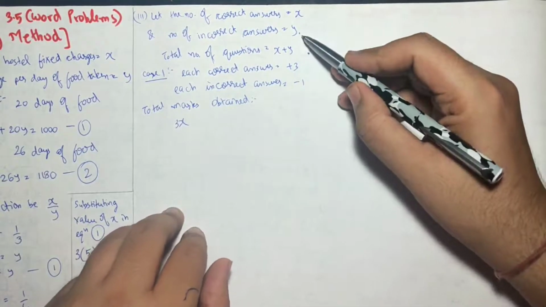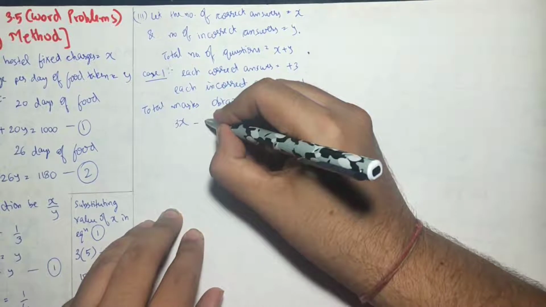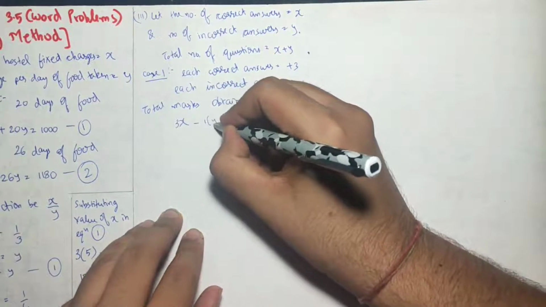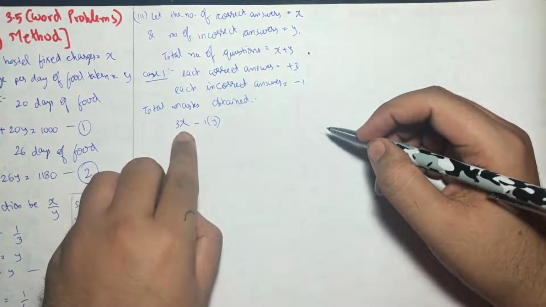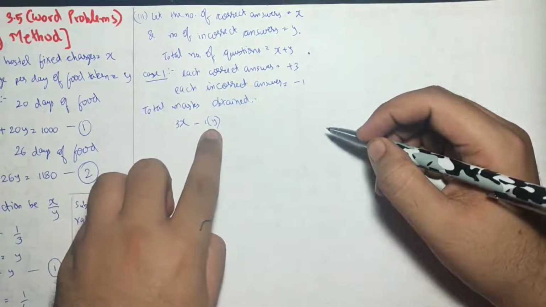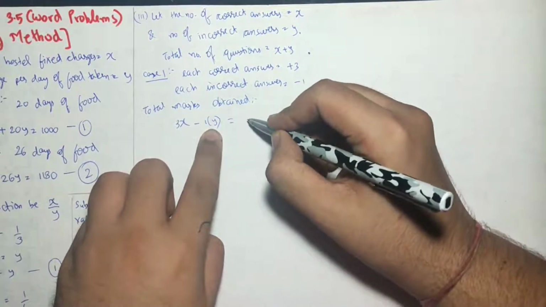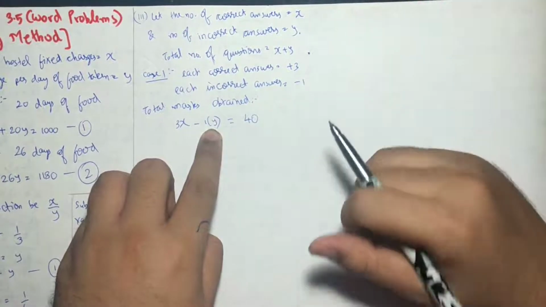For each incorrect answer he is getting minus 1. There are y incorrect answers, so minus 1 into y. The total will be equal to 40 marks because he gained 40 marks overall.